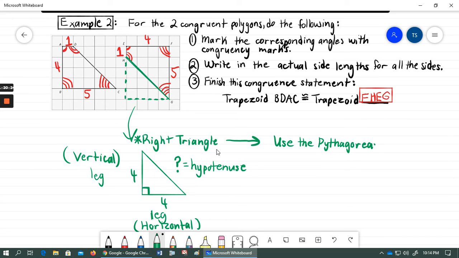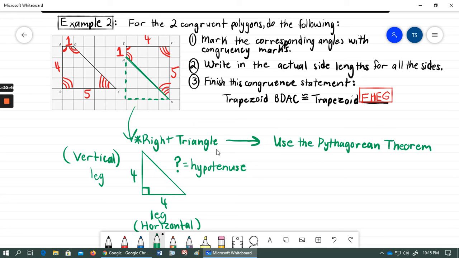Let's use us some Pythagorean theorem and find this third side, this missing side length of this right triangle. Oops, I started off real neat, my hand didn't want to cooperate. That's fine.